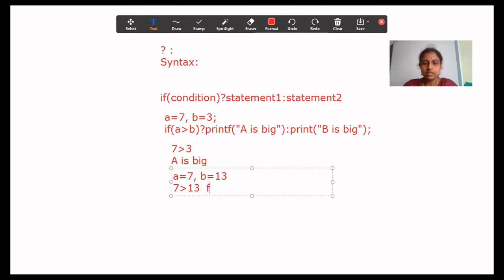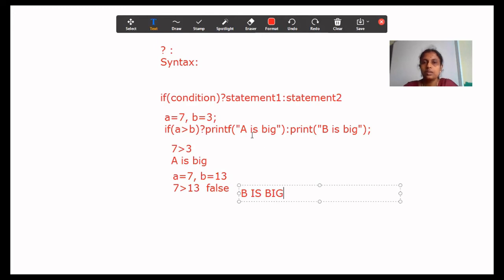No, the condition is false. So instead of printing the statement before the colon, it prints the one after the colon. Condition true means statement 1, condition false means statement 2. So in this example, B is big will be printed as the output.